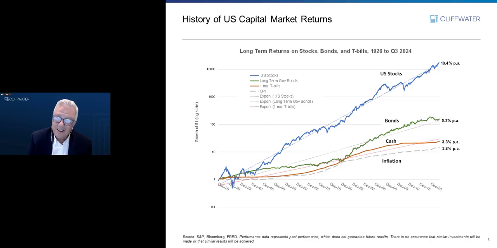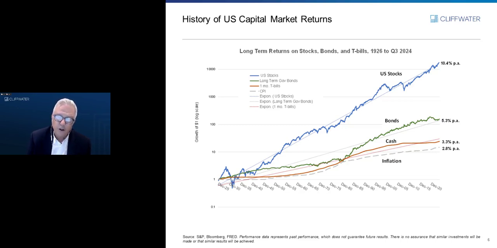That steady path is sometimes interrupted by sideways movements, as we had in 2000 to 2010, had that in the 1970s and obviously during the Great Depression. So there can be serious decades of zero returns for stocks.